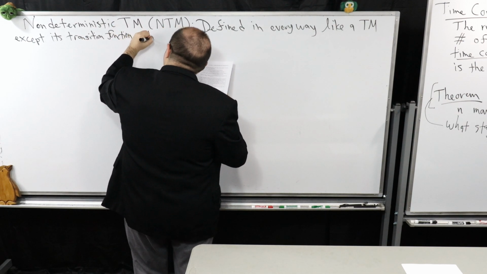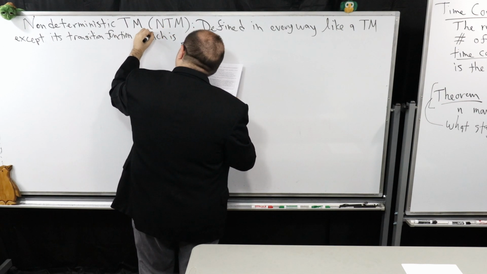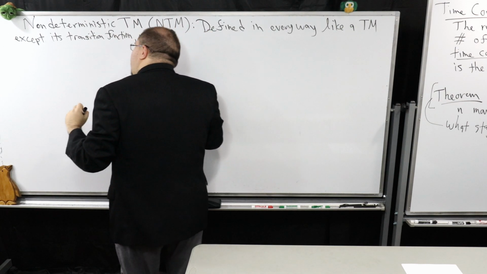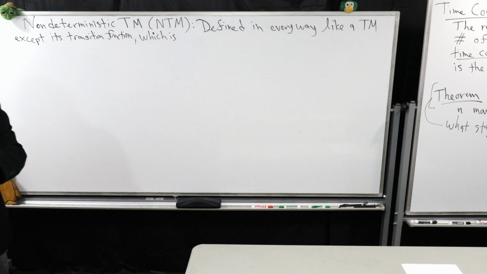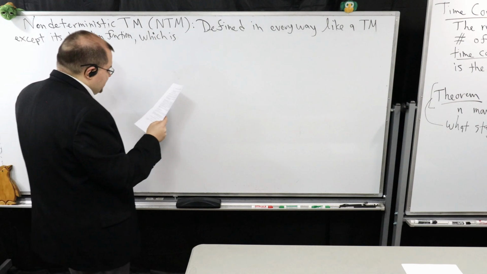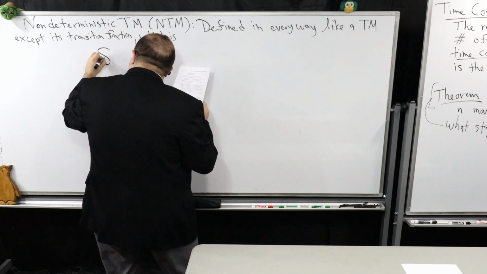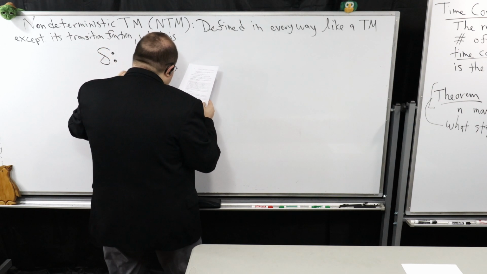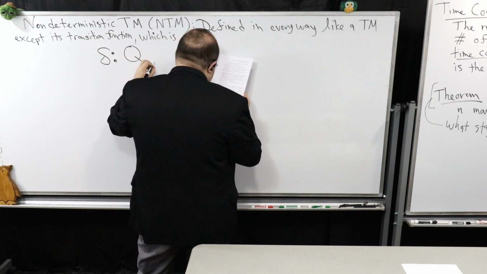Which is, and this should remind you of back when we've been defining our transition functions like this. I'm hoping that this will harken back to something that you've seen in the past. This is why I write it like this.